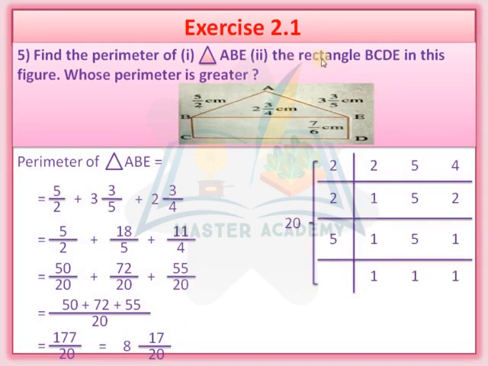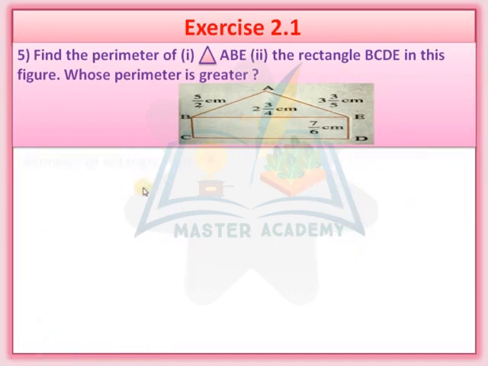Now the remaining second part is the rectangle BCDE. Okay, the perimeter of the rectangle is equal to 2 into L plus B. Okay, now you can see 2 into L plus B, right? So 2 times multiplied by 2 integer 3 upon 4 plus 7 upon 6.